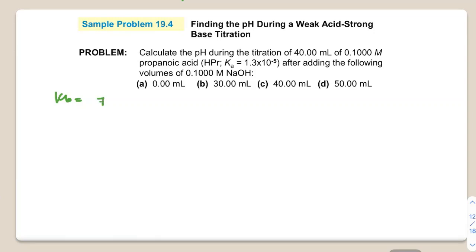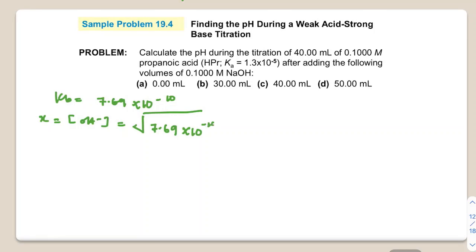Kb just now is 7.69 times 10 negative 10. So we can calculate the x value, which is equal to the concentration of the hydroxide ion, is equal to the square root of Kb, 7.69 times 10 negative 10, multiplied with the initial concentration of the Pr minus just now, which is 0.05.